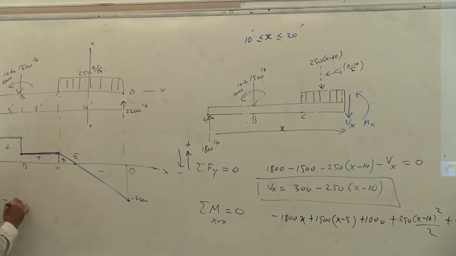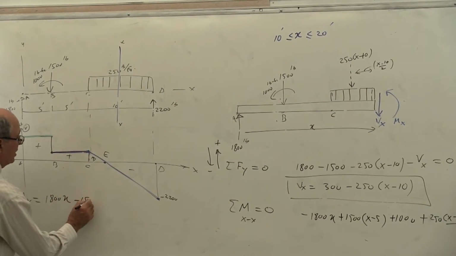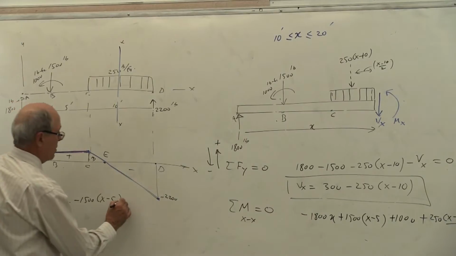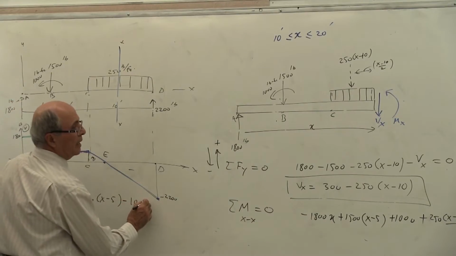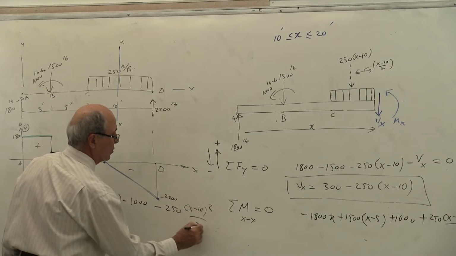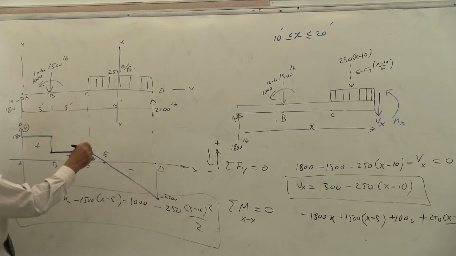So it becomes 1800 x minus 1500 times x minus 5 and minus 1000 and minus 250 times x minus 10 to the power of 2 over 2. Anyhow, that is the equation of that parabola, which started at this point and end at that point.